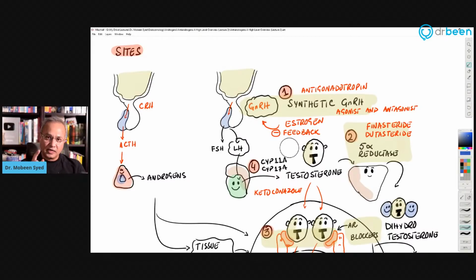But all our cells have this behavior that if you overstimulate some receptors, then our cells think, and they don't have brains, but inside their machinery would figure it out to say, well, I am getting too much stimulated by this receptor. I should reduce the number of receptors on my surface.